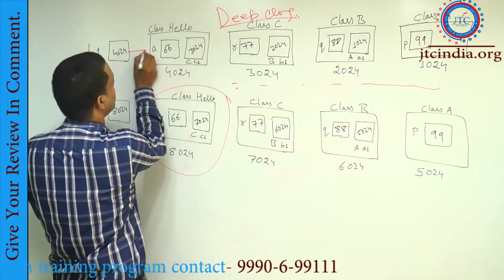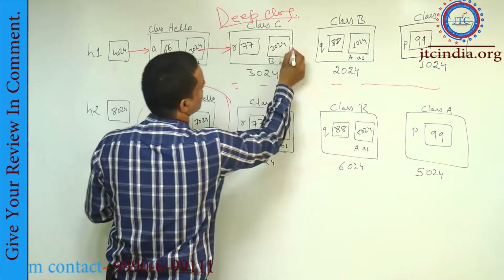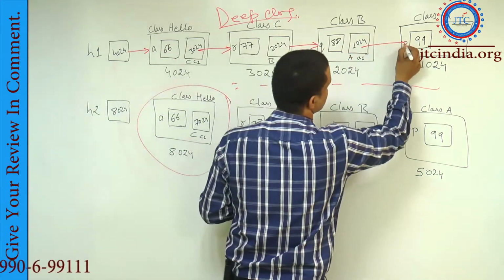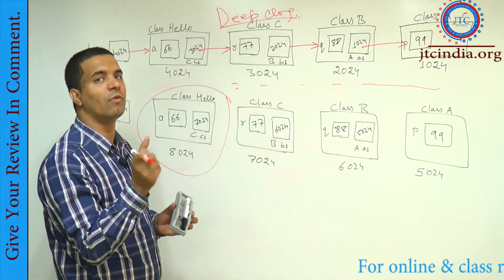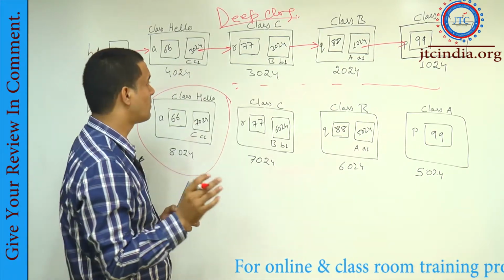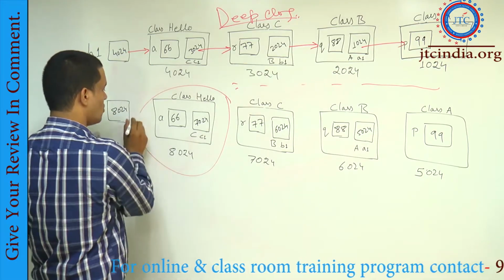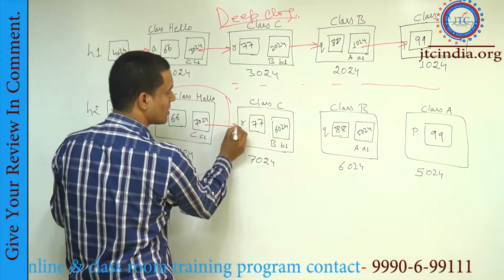This one is working with this one, which is working with this one. Similarly, when you are cloning, you have overridden the clone method inside your class, and you are writing the clone implementation on your own. So here it is giving something different.